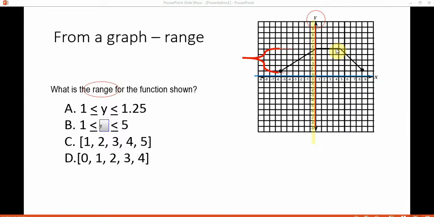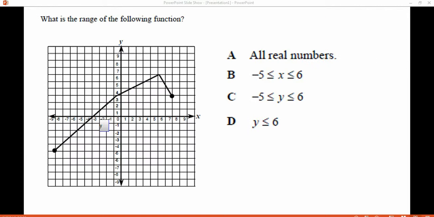So my lower limit of my range is going to be 1, and my upper limit of my range is going to be 5. Therefore, the range of my function is 1 to 5. What is the range of this function? Try this one on your own.